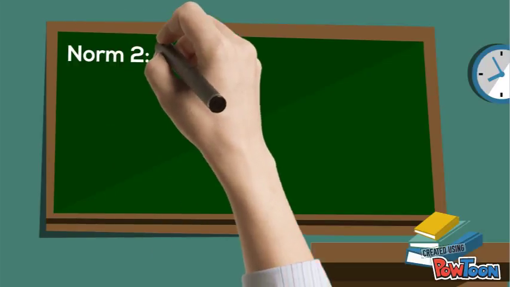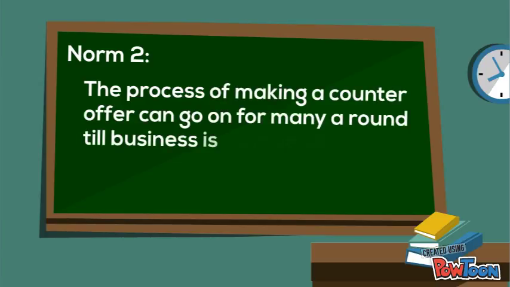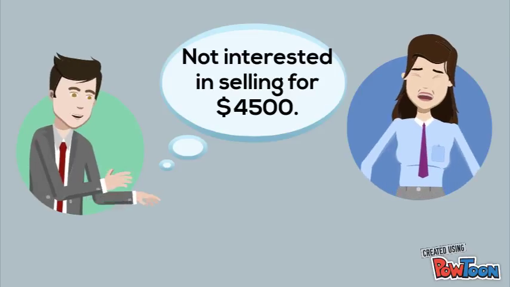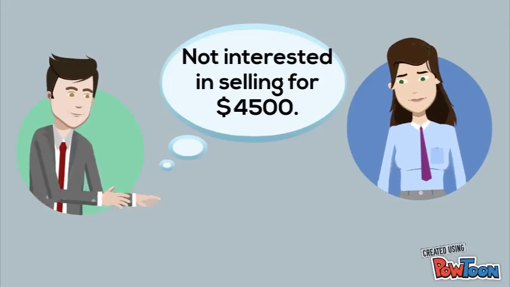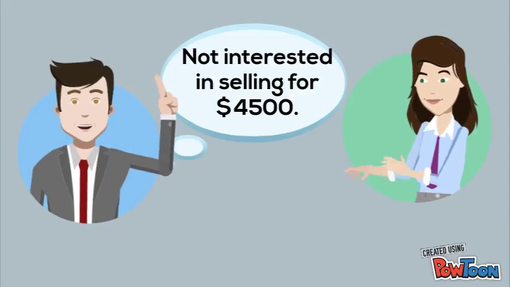Fair enough, here goes the second norm. The offeree may show his disagreement and raise his own terms. Then the original offer becomes invalid, and a new offer comes into being. For example, in the case above, the seller didn't accept the price $4,500 proposed by the buyer.